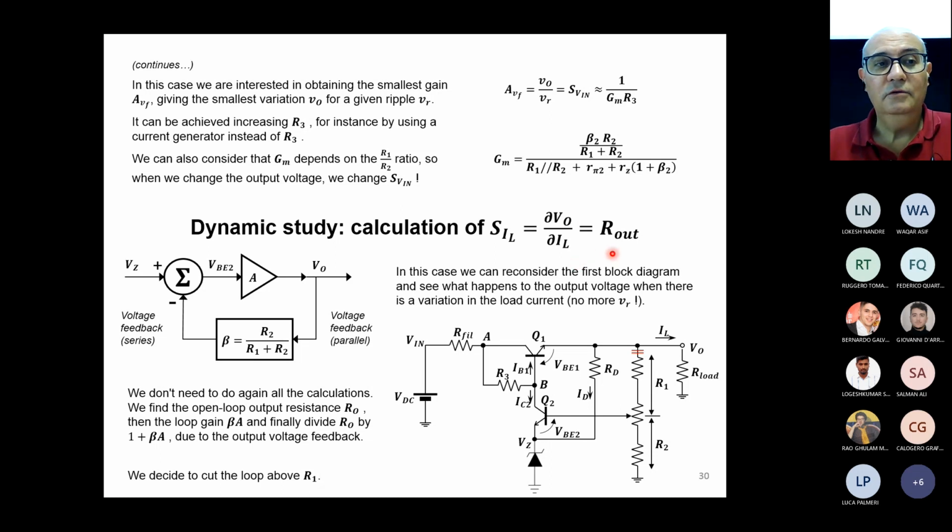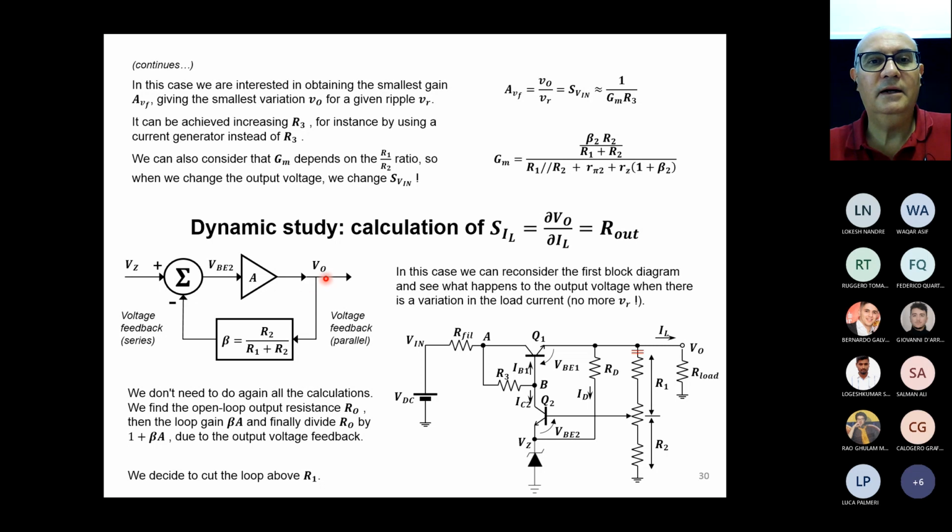Okay, what we should do now is to rearrange the block diagram of the system in order to have a reference in terms of output voltage and current. So now I go back to the previous schematic diagram that I showed you, the one where we had an output voltage VO, a reference voltage VZ that is created by the Zener diode.